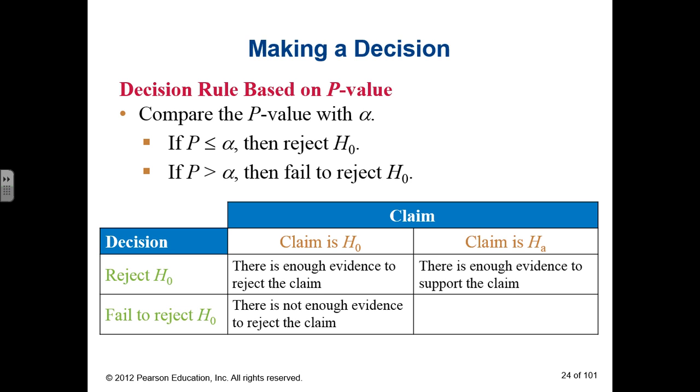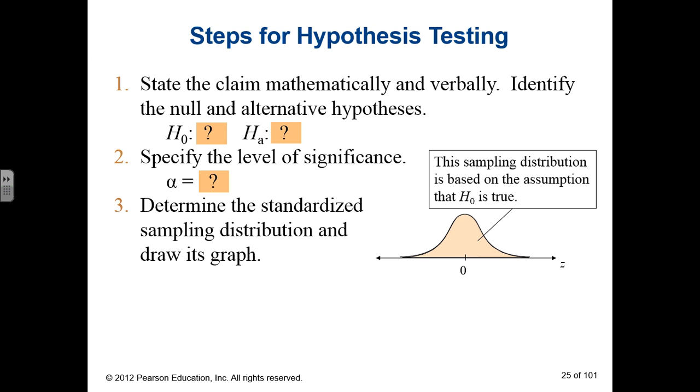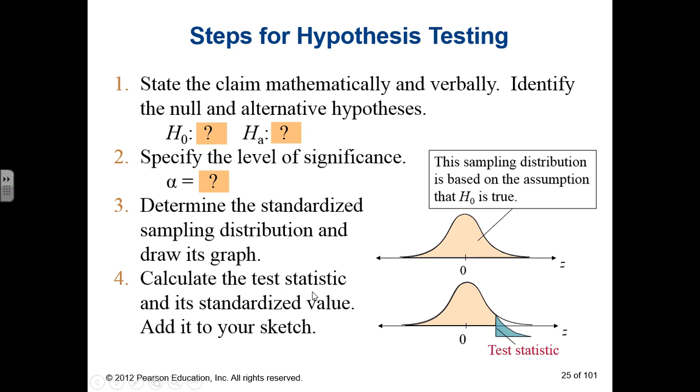Okay, so the steps for hypothesis testing. The first thing you need to do is identify your null and alternative hypothesis. Then specify the level of significance. In an academic setting like this, the significance levels will be specified for you, but in real life, it would be something you would specify for yourself. Then you need to determine the standardized sampling distribution. Is it a z-test or a t-test? Calculate the test statistic.